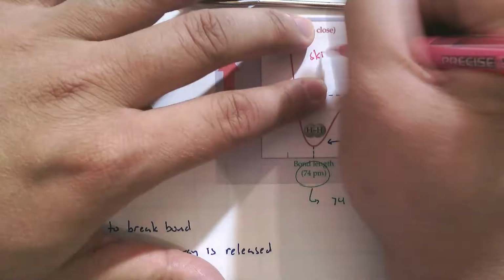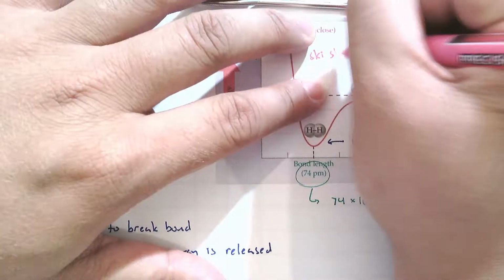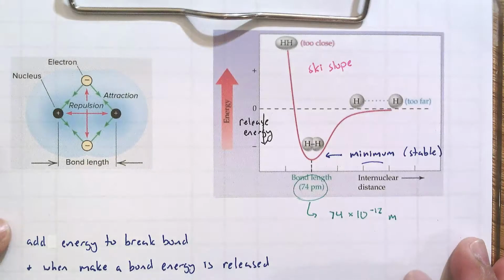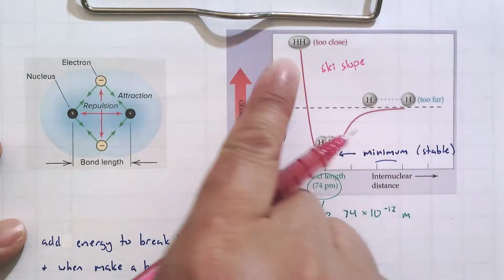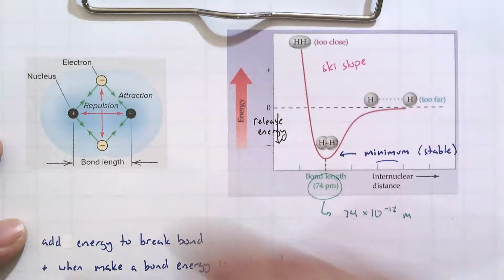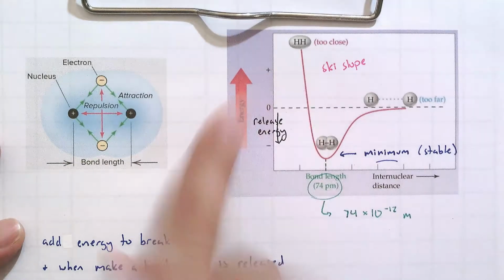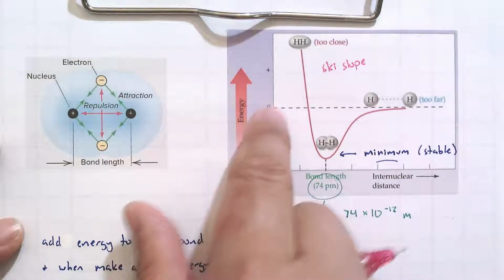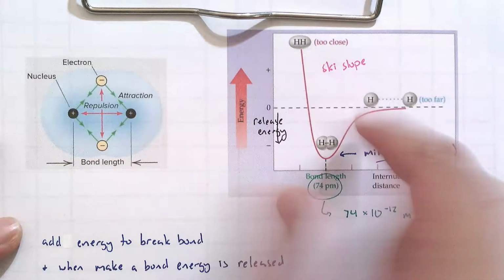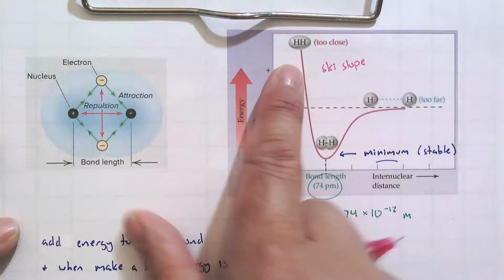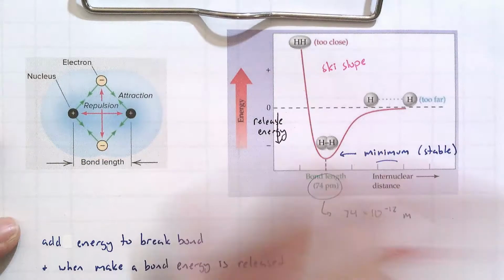Where does the skier have the most potential energy on a ski slope? Is it at the top of the hill or in the valley? The skier has the most potential energy at the top of the hill. It's very high energy. It's very energetic. And it could convert that energy into kinetic energy.